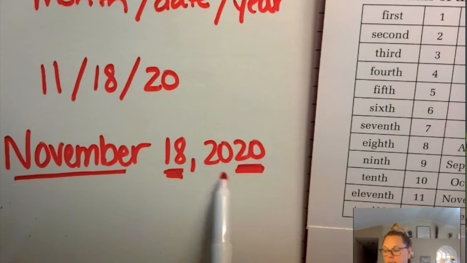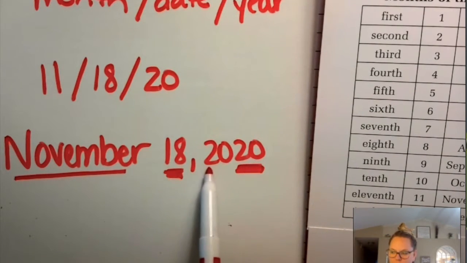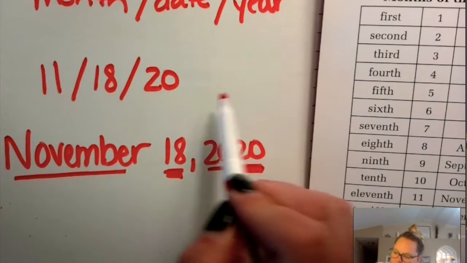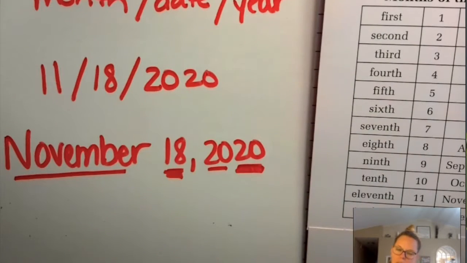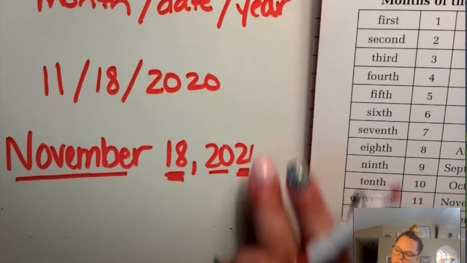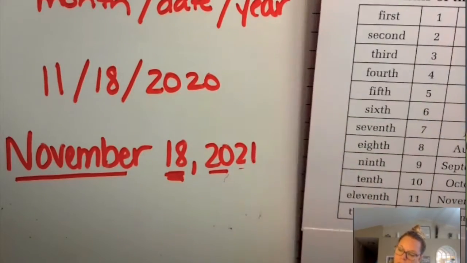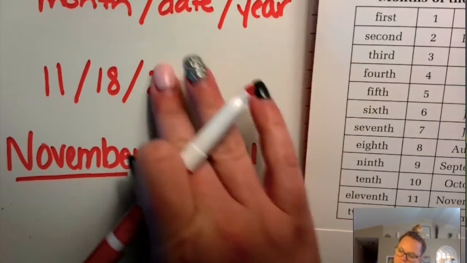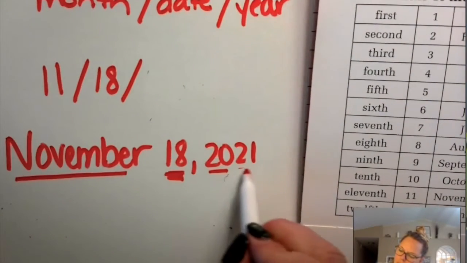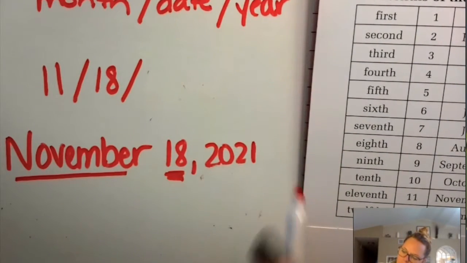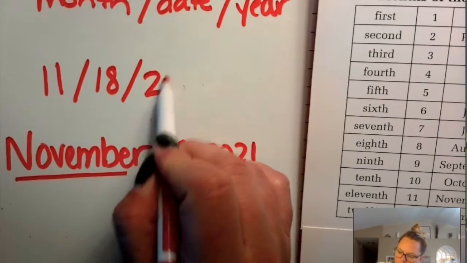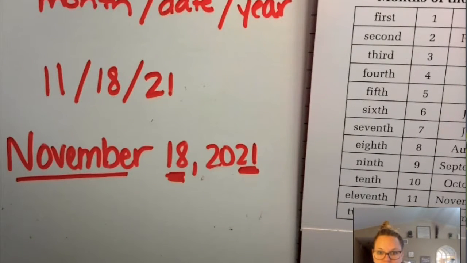But because this is a special year where the 20 is at the beginning and the end, there's a lot of people who have been just writing out 2020. Now, if I was talking about the year 2021, that would be next year, then I would just write 21.